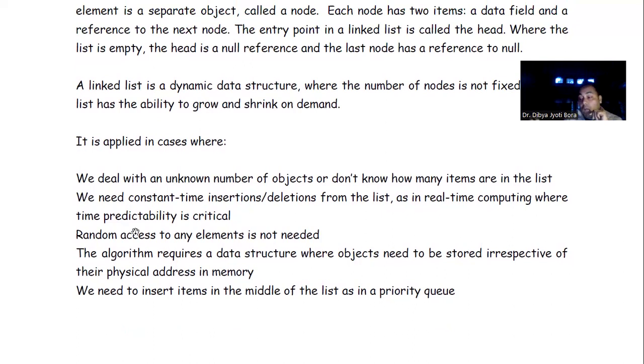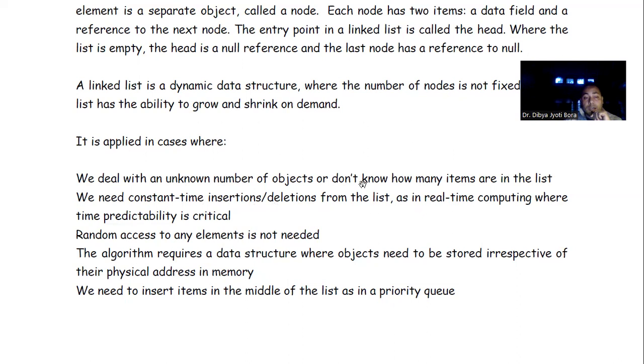If the interviewer asks you to tell us some cases where you will prefer a linked list: first of all, when you don't know the number of objects you need. Second, constant time insertion and deletion, if we need insertions and deletions repeatedly.